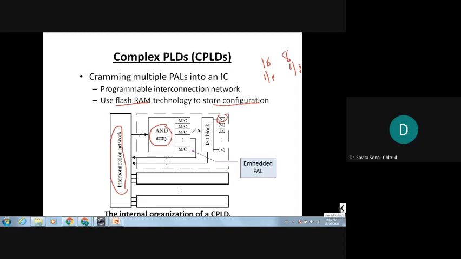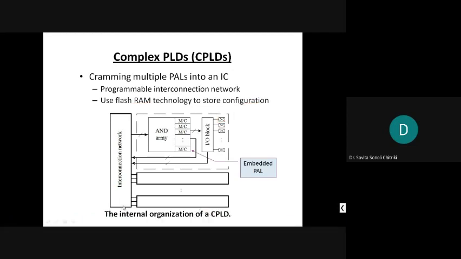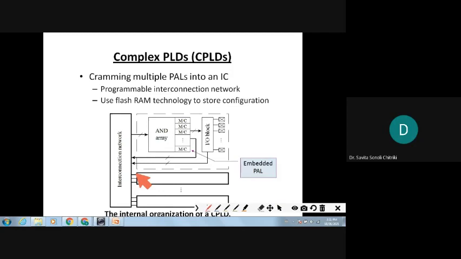Then, if you go to the next slide, what will be there in the macro cells? So this is the internal organization of CPLDs. Look, he shows a box, and then the next box shows the same thing.